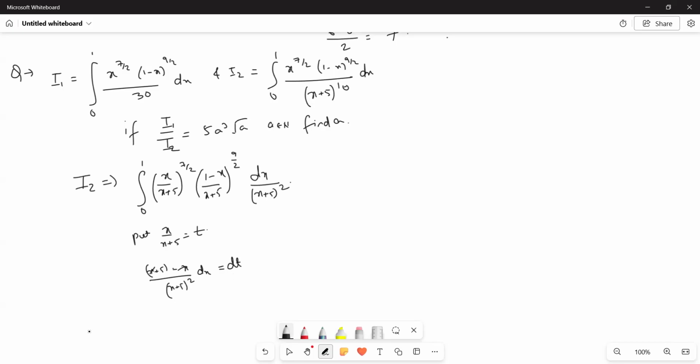So I2 will become, and also the limit: as x tends to 0, t will tend to 0, and as x tends to 1, t will tend to 1 by 6. So this becomes 0 to 1 by 6, t to the power 7 by 2, 1 minus x by x plus 5.